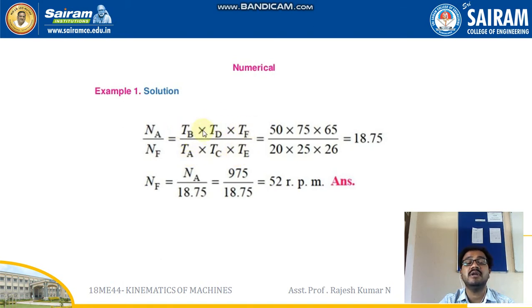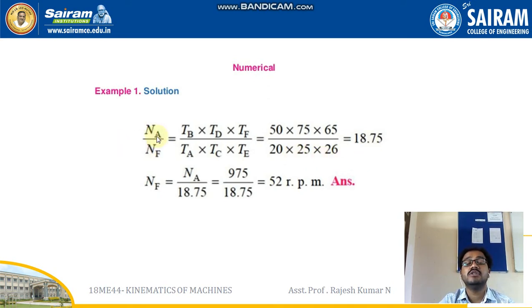So all the even-numbered teeth you write in the numerator and all the odd ones you write in the denominator. Since the number of teeth for the respective gears is given in the question, I will substitute: 50 into 75 into 65 divided by 20 into 25 into 26, which is equal to 18.75.